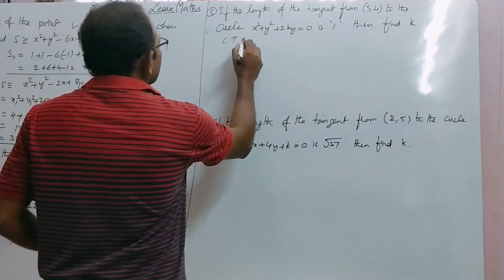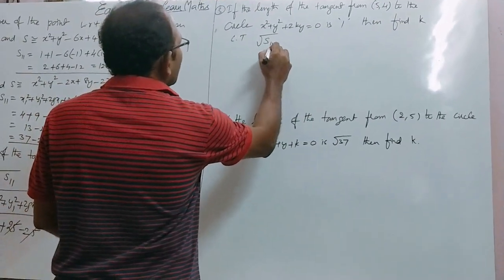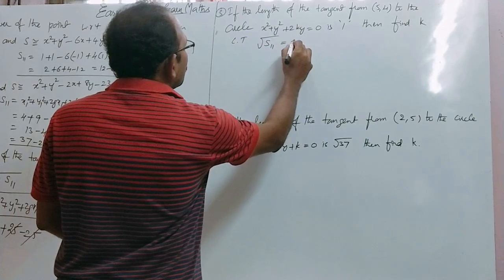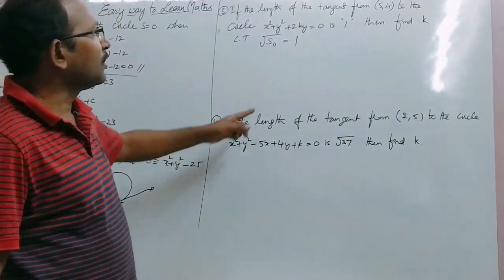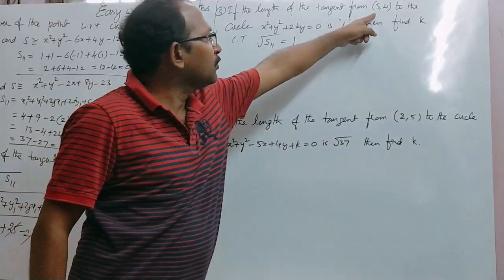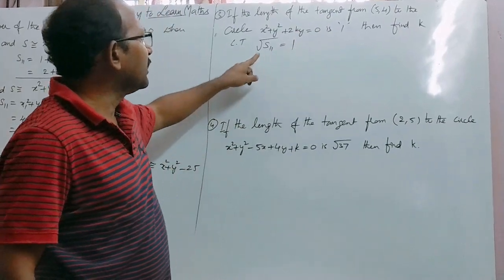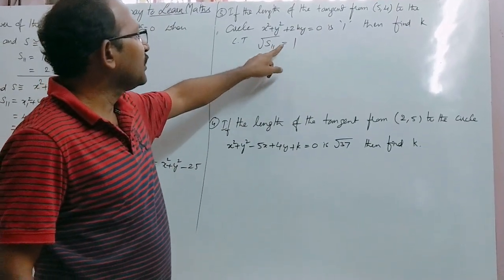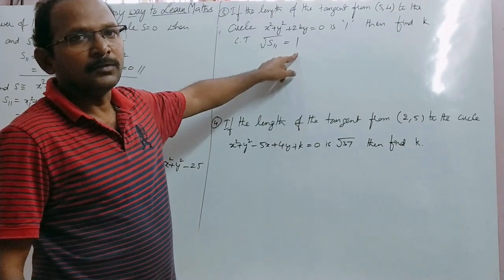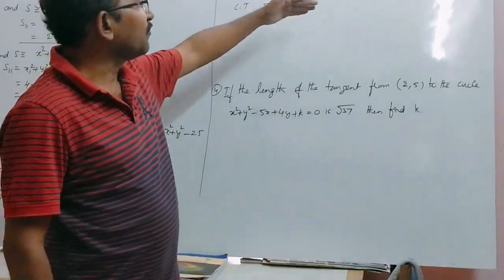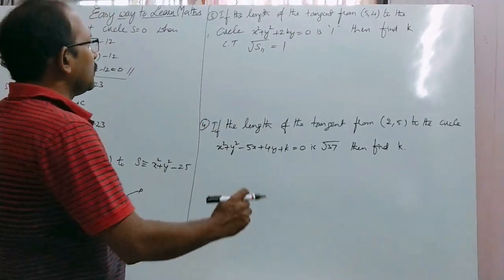We know that the length of the tangent is represented by root S11. Here root S11 is equal to 1, because the length of the tangent from this point to this circle is given as 1. Then by substituting the values we have to find the value of k.